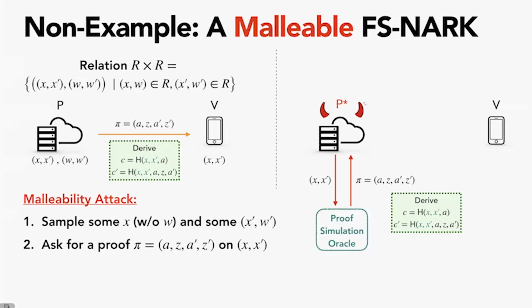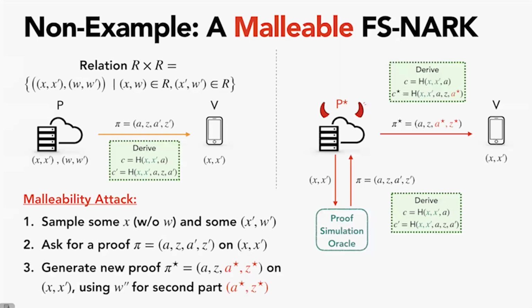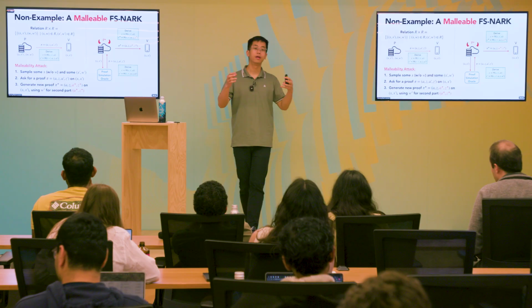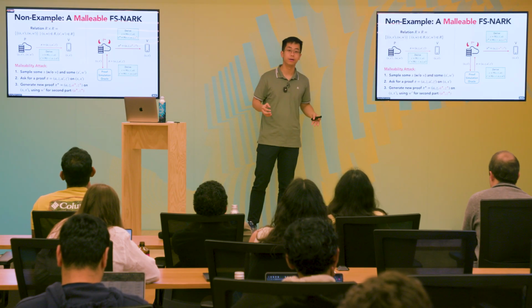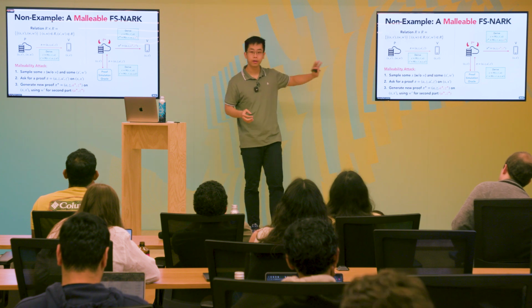It keeps the first execution, but it changes the second execution. It can do so because it knows the witness W prime to the second statement X prime. Because of that, it can generate the second part of the proof in an honest manner while keeping the first part. Okay?